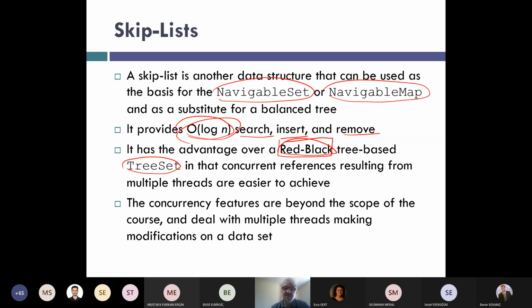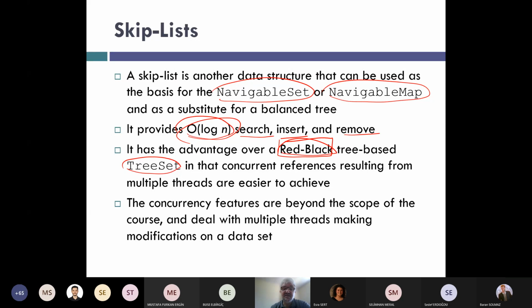In quicksort, the worst case is quadratic, n squared, but the average case was n log n, and it is a very fast sorting algorithm, remember?